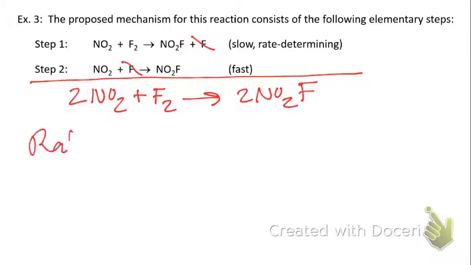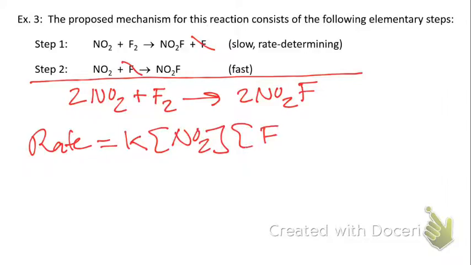So the rate law must be written as K[NO2]^X[F2]^Y. All right, the rate determining step again is the first step. So in the first step we have 1 NO2, so therefore, automatically, X must be 1.